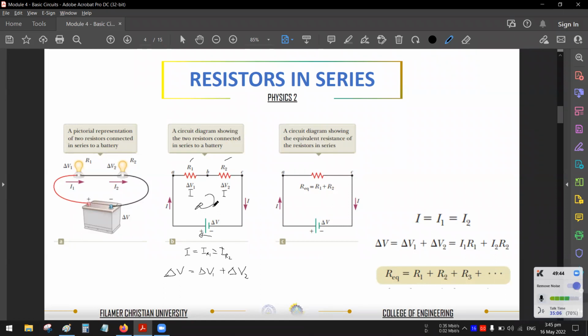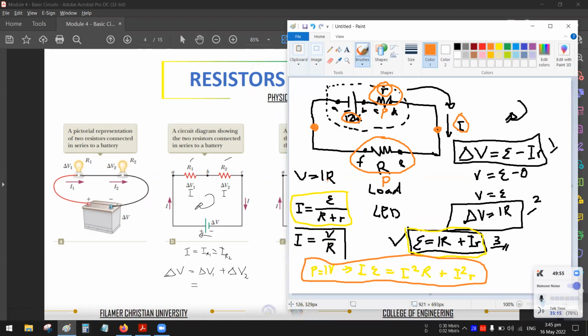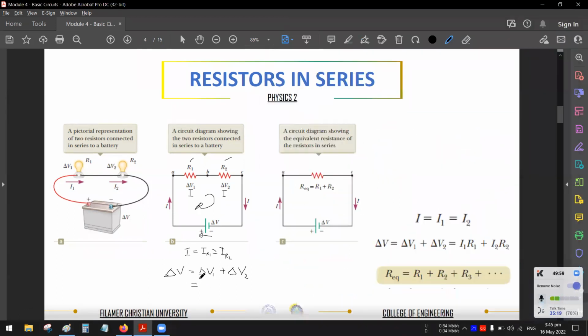Okay? So this also sums up as your voltage here. What is the formula for voltage? We have IR. So meaning that this is just your resistance 1 multiplied by current 1.